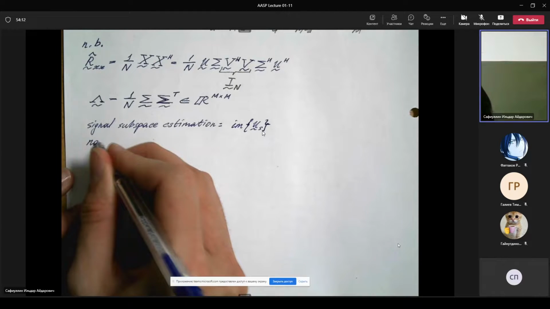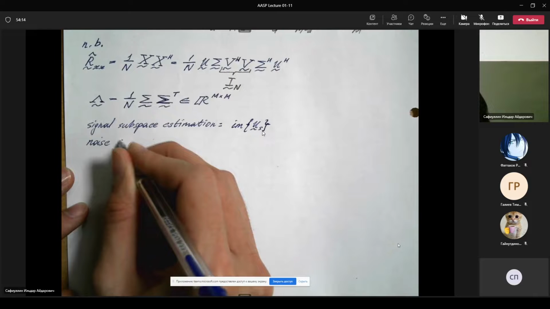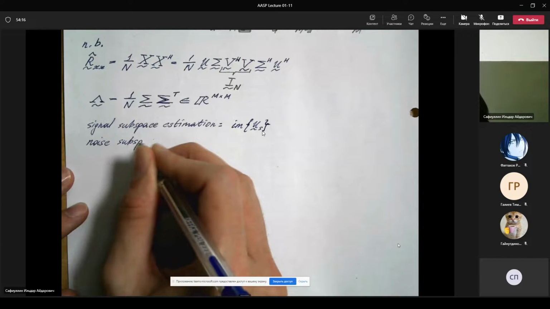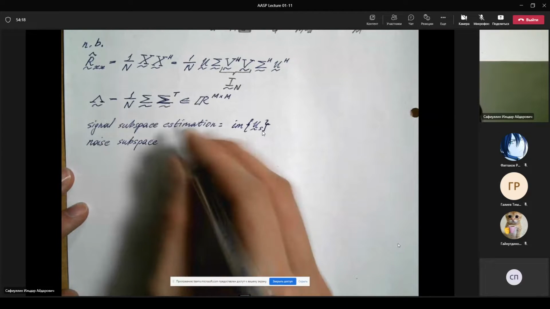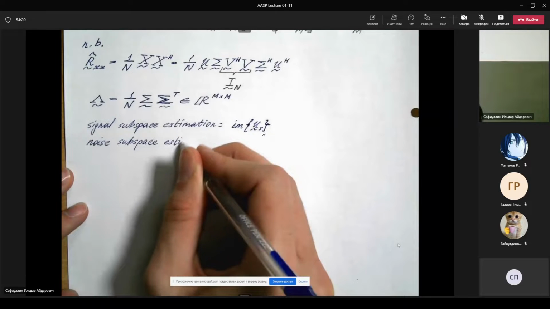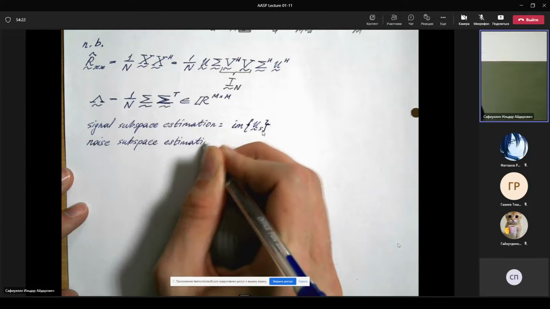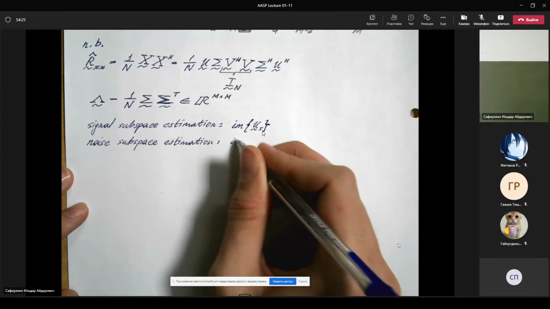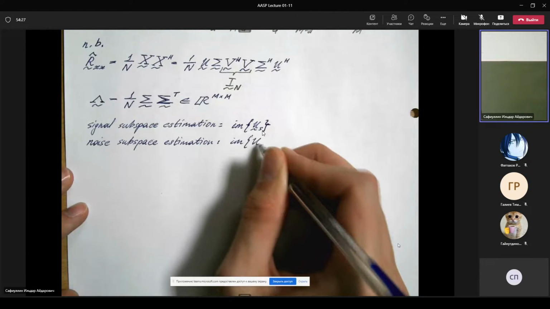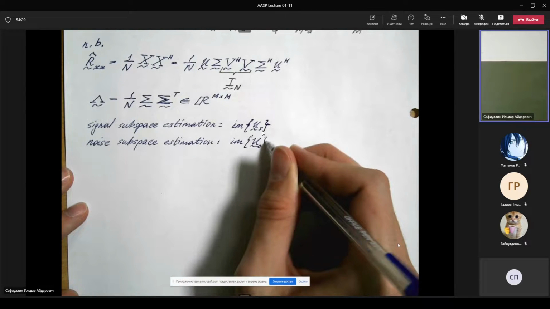And here the noise subspace estimation will be image of U subscript 0.